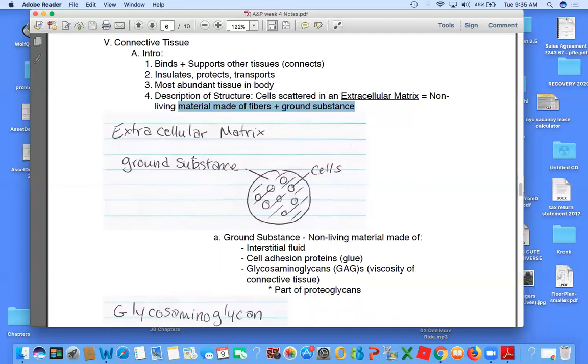Extracellular matrix is made up of ground substance, as you can see on the projection here. The ground substance is the non-living material made of cell adhesion proteins, which is glue, and glycosaminoglycans. That's one of the longest words I know. Makes me feel very important. You can call them gags. If you do any cooking, you know that you thicken a gravy with starch, right?